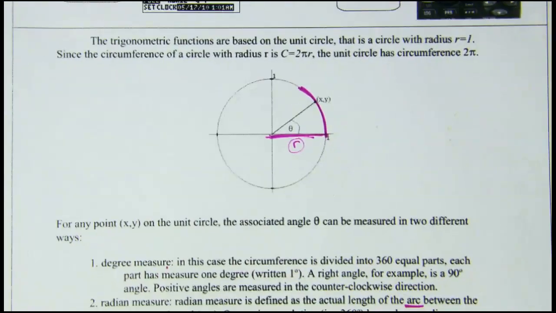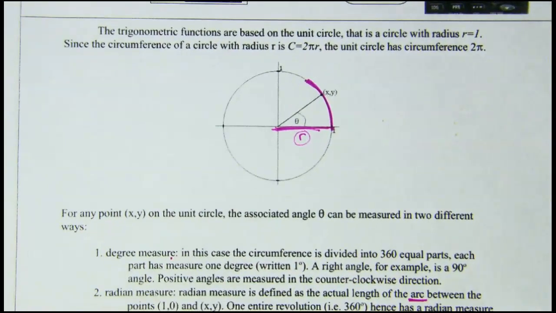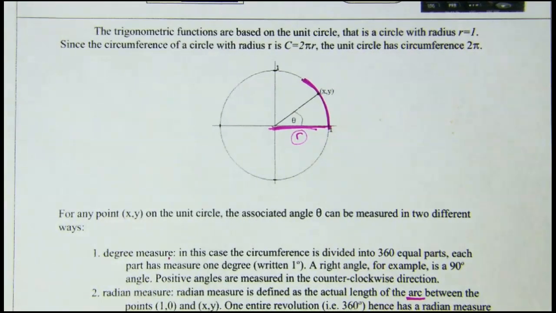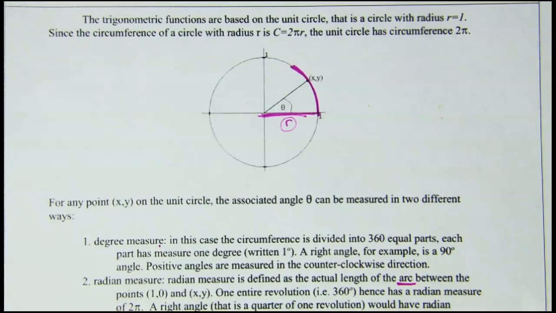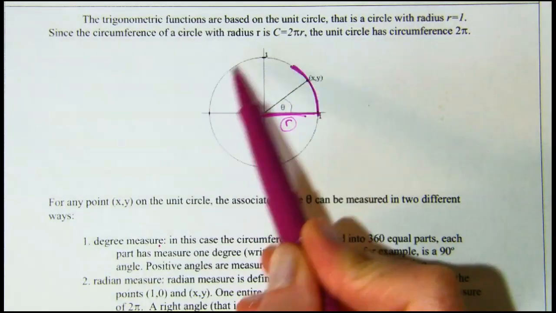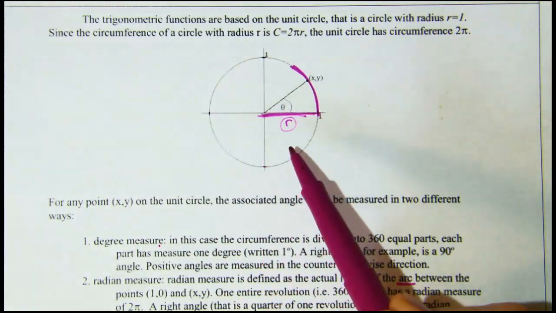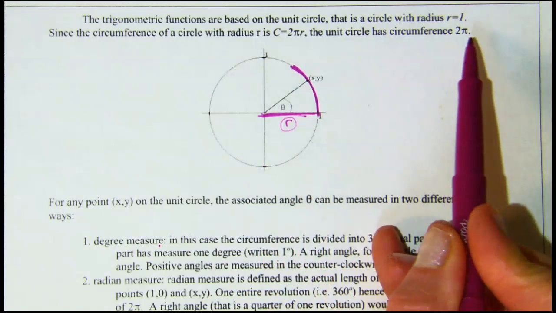Now, I do not want to get too much into radians, but I want you to know there are two ways to measure these angles. For us, we're going to be primarily dealing with degrees in Chapter 7. Just to explain it a little bit, this is a unit circle, and that's basically what our trig functions are based upon. It says the circle has radius 1 here.